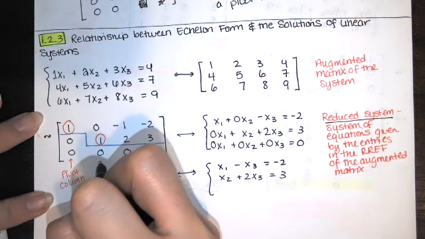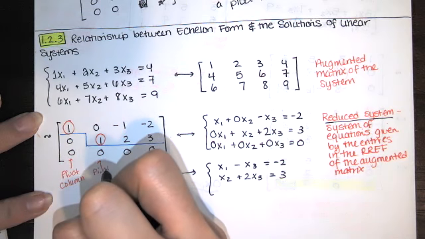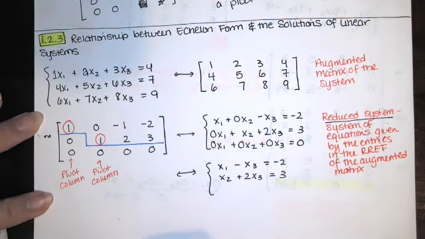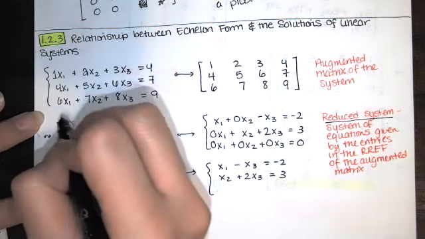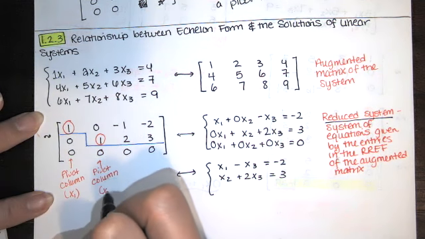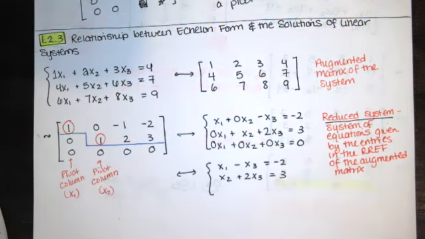Now, when I'm looking at this reduced row echelon form, this is a pivot column. And this is a pivot column because they contain pivots. This first column corresponds to the coefficients of the variable x sub 1, and the second column corresponds to the coefficients of x sub 2.